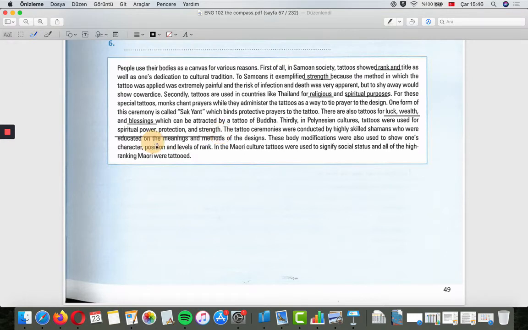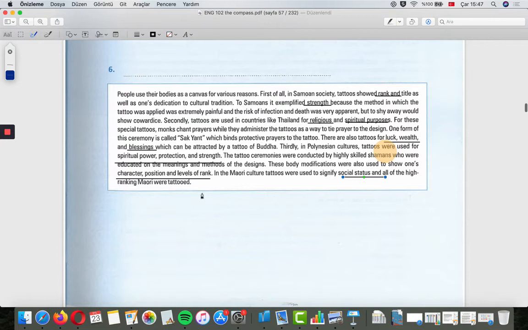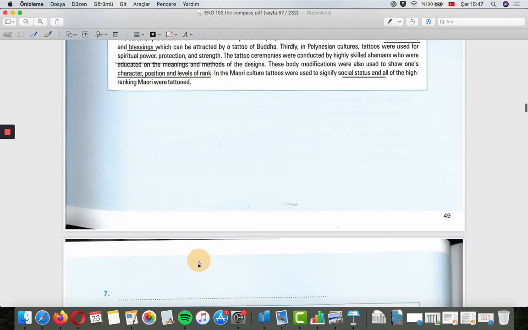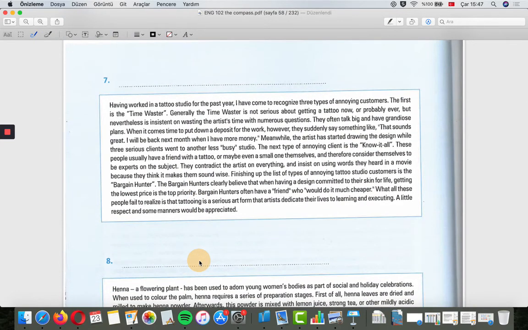Used to show one's character, positions, levels of rank, social status. Their social status was high when they were tattooed. So here they are giving lots of examples for why people have or get tattoos. Okay, so this is an exemplification type of writing, and it's a good example. Let's move on with 7.